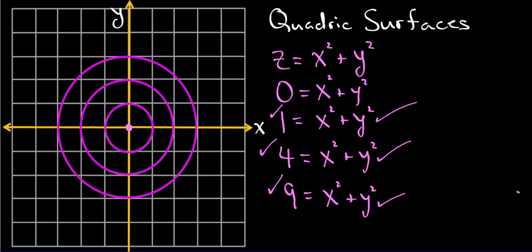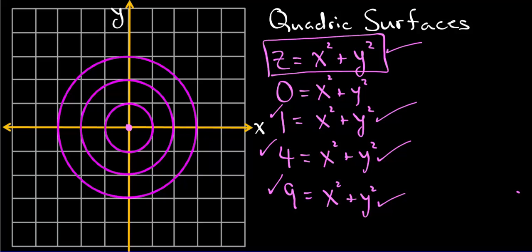Now, let me just say this. Notice that these little circles all lie in planes, and they're parallel to the xy plane. Now, this surface that we're talking about, we don't see the whole thing here, but these circles are all on planes that intersect this surface.